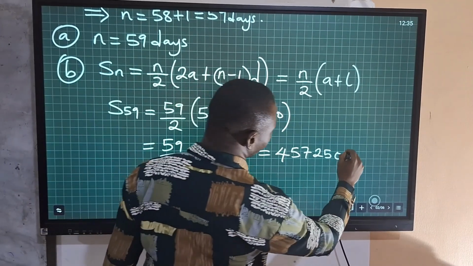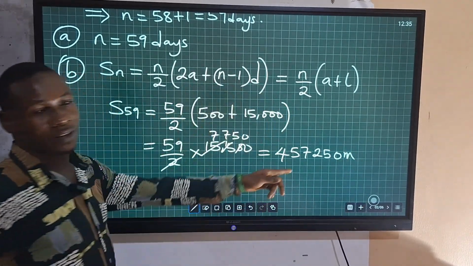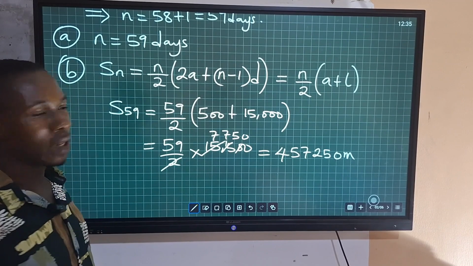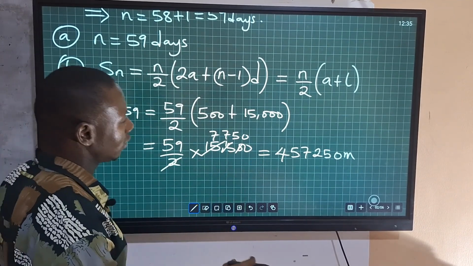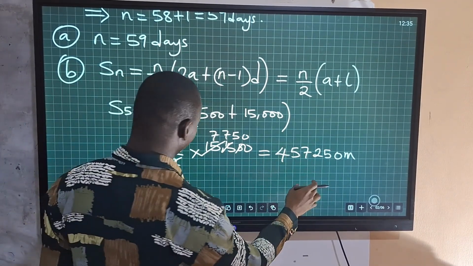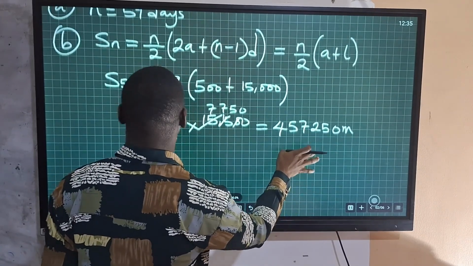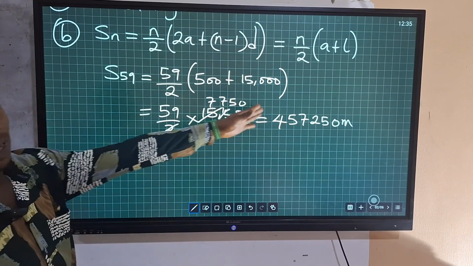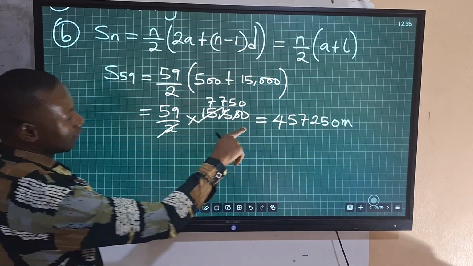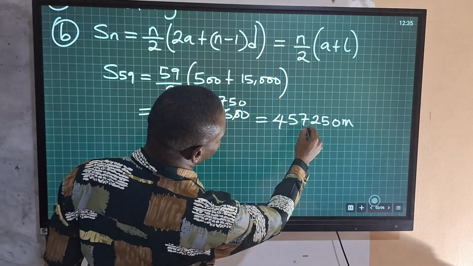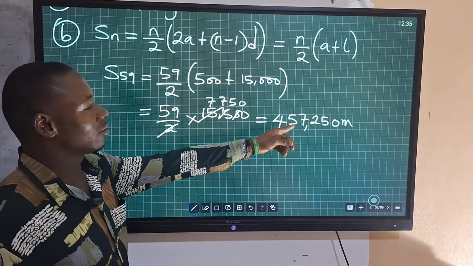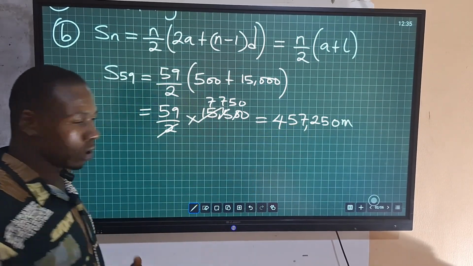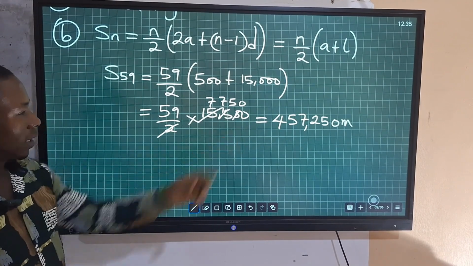Okay, but remember that our value is in meters. So let's convert this value to kilometers. What we are saying is that the total sum of distance for the 59 days is 457,250 meters.